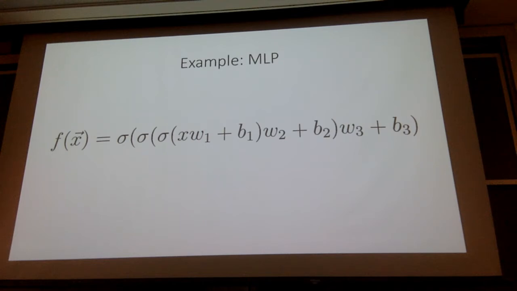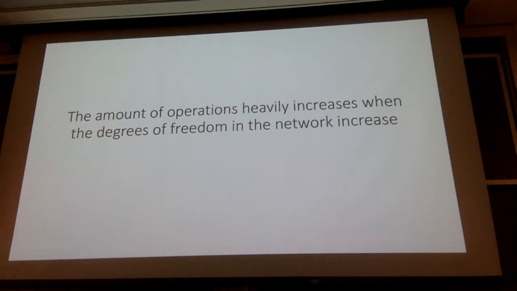We have neural networks that have thousands and thousands of neurons, thousands and thousands of multiplications, therefore, to be computed, and additions. So if our program is slow, it doesn't depend on the complexity of our operations, but it depends on the amount of the operations that we have to do.